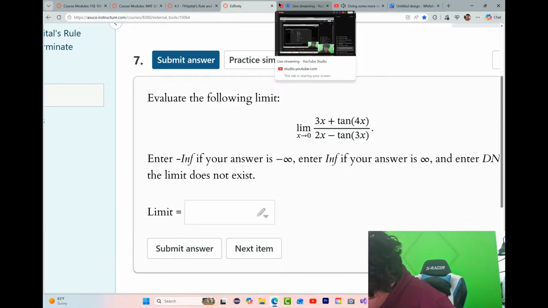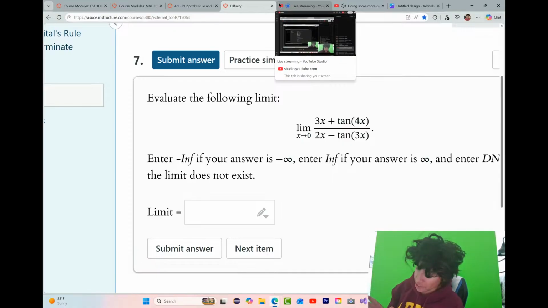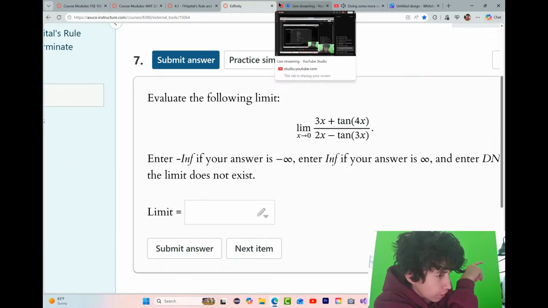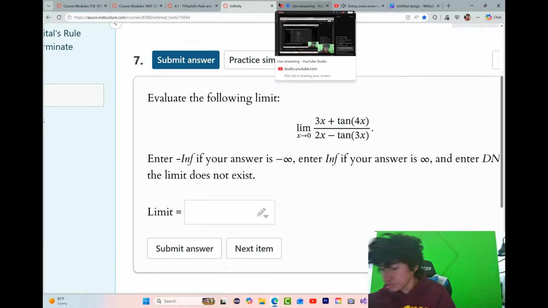Cosine of 0 is 1, and cosine squared of 0 is therefore 1 as well.